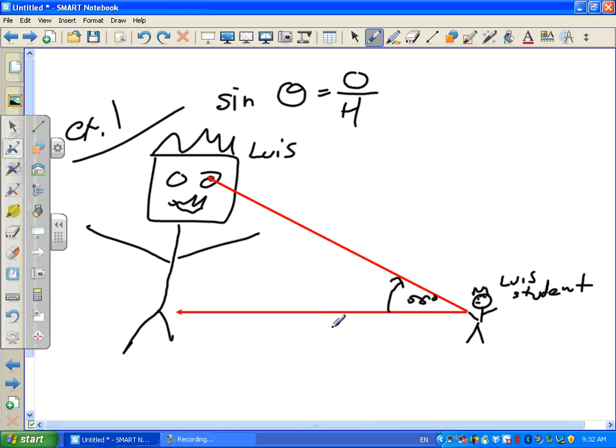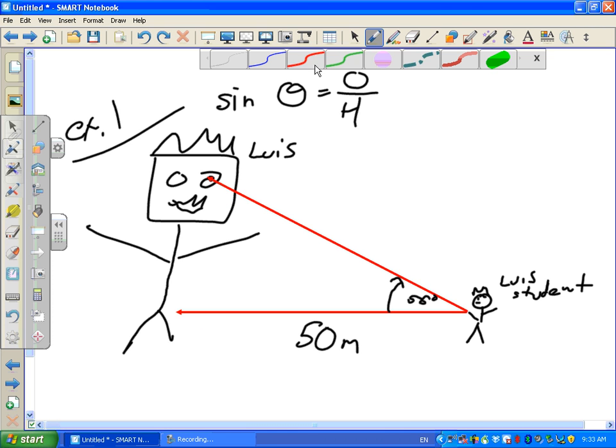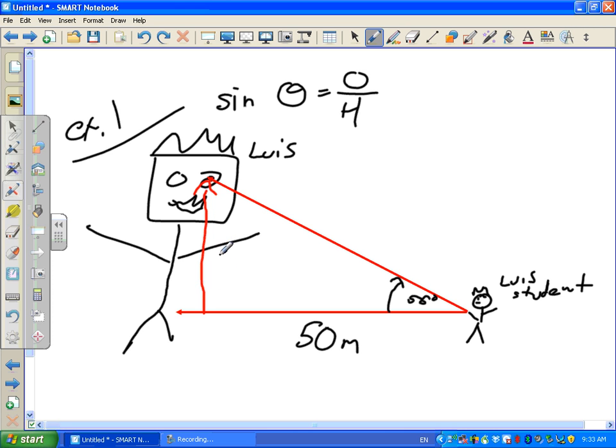And I'm going to say that Lewis is, what's the number they've given me? We'll say 50 meters away from the monster. We need to figure out apparently how high it is from his pelvis to his eyeball. So we're looking for this here.